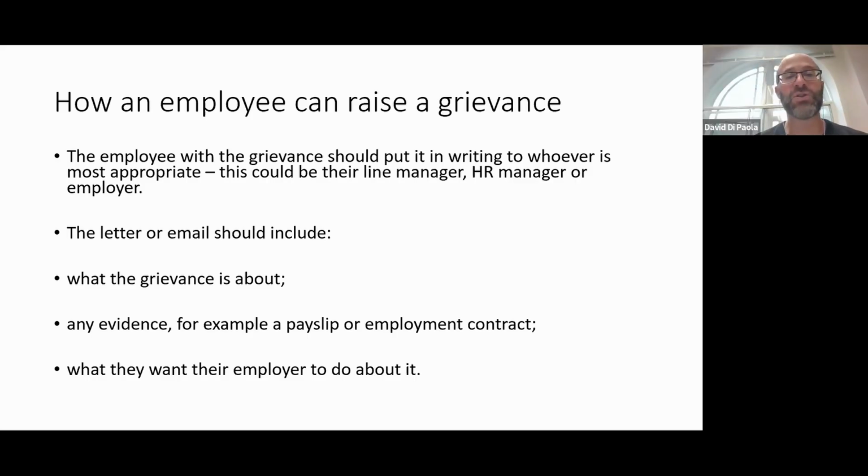So, for instance, in our example, if the line management relationship isn't working, the employee might want a new line manager, or they might simply want the person above that line manager, probably in our example the minister of the church, to have a bit of input. The employee's grievance should put in very straightforward terms what their complaint is and what resolution they're looking for at the end of the day.